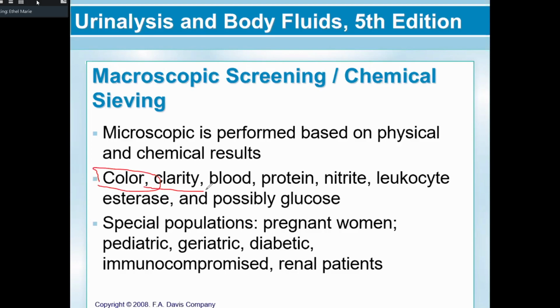Or for example, regarding urine clarity, if you see a clear red urine, it will give you a notion that, or I mean, you might not see anything, because for clear red, we have, for example, hemoglobinuria or myoglobinuria.